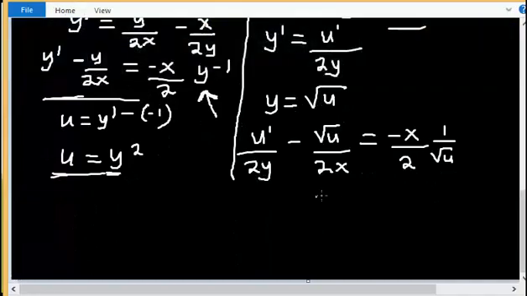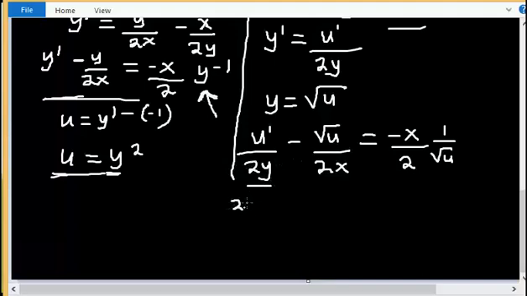Having done this, you know what I'm going to do next? I need to transform this equation to a standard form. I want to eliminate this 2y as the denominator, so I have to multiply through by 2y. So I have to multiply everything.